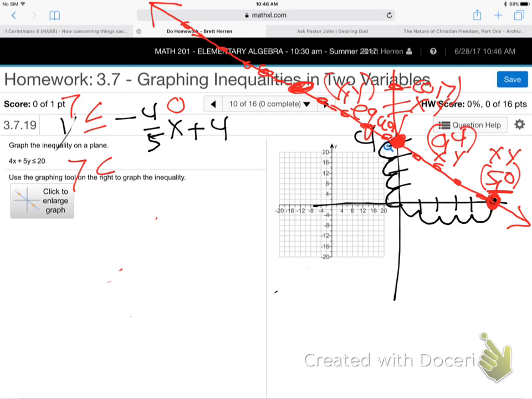What do we get? 7 less than or equal to minus 4/5 times 0 plus 4. 7 less than or equal to 4. No, it's not. So 0, 7 did not get to light up. When I said light up, everybody who makes it true lights up. It doesn't light up.